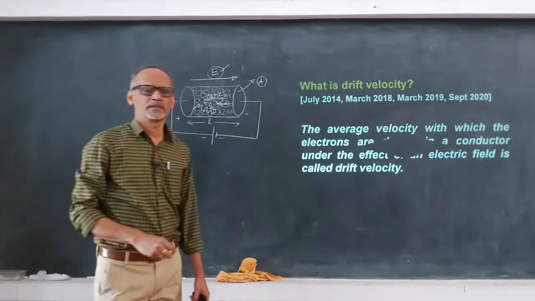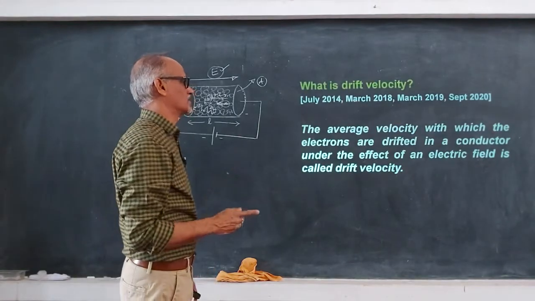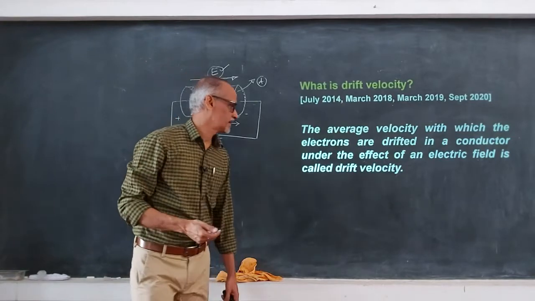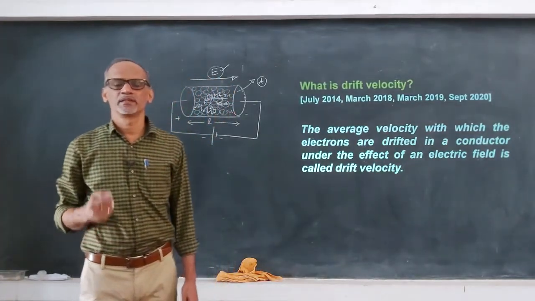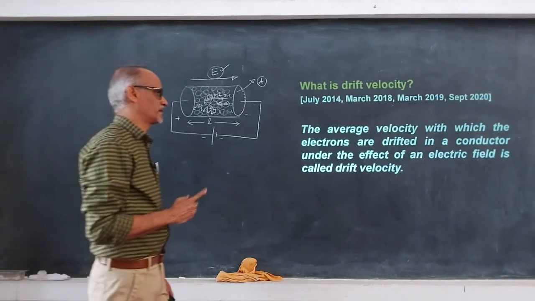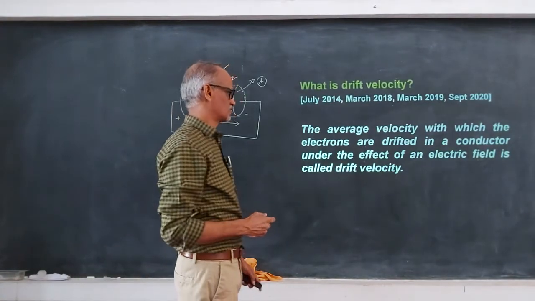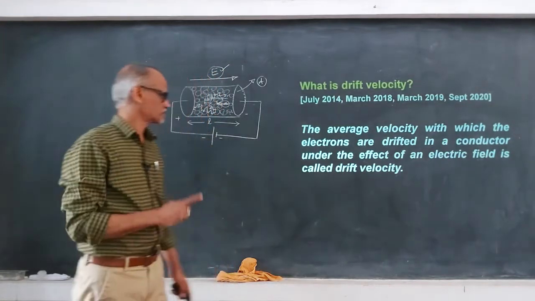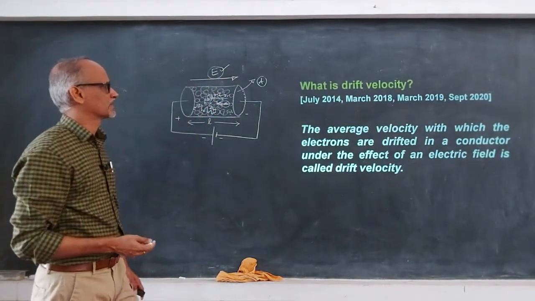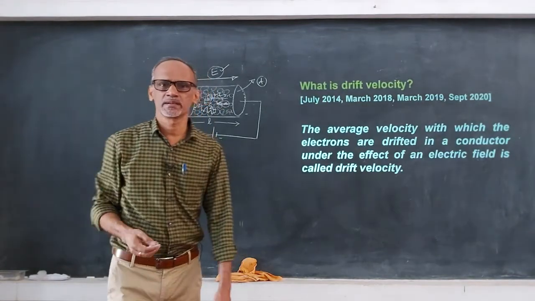So what is the definition of drift velocity? The average velocity with which the electrons are drifted in a conductor under the effect of electric field is called drift velocity. Again an important definition, you can see it has appeared 4 times in the examination.